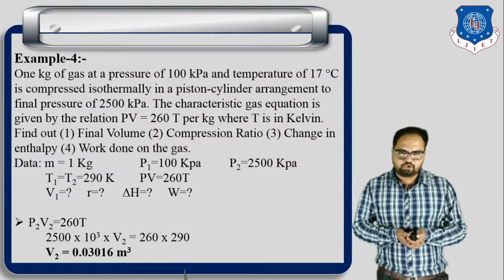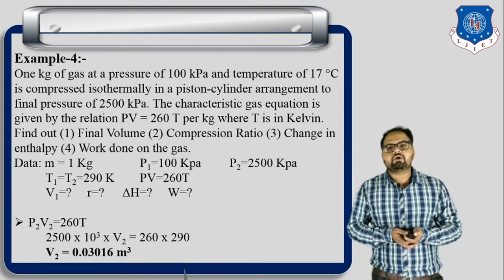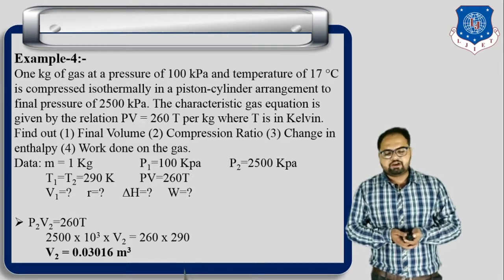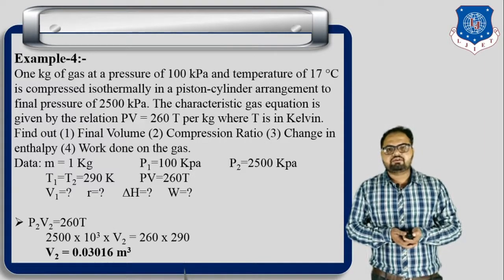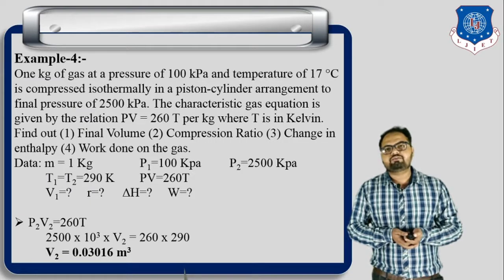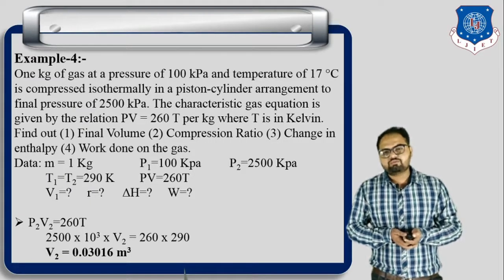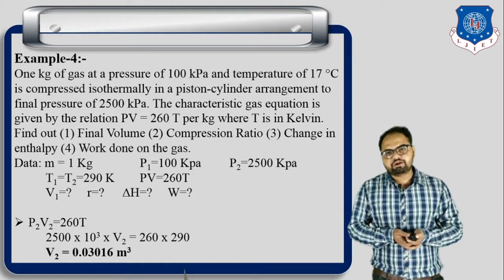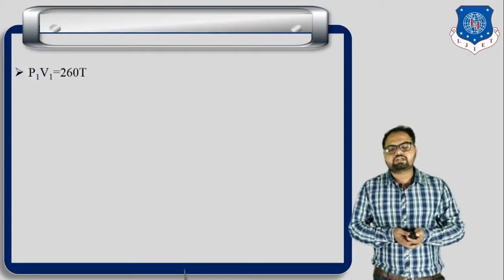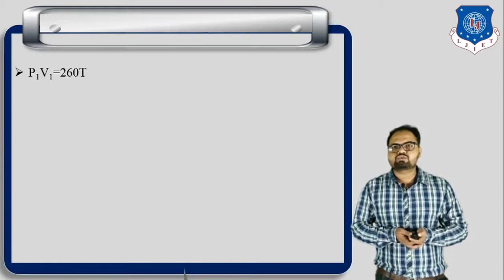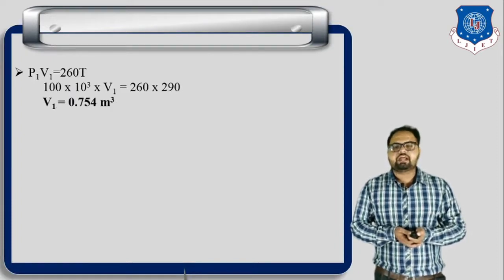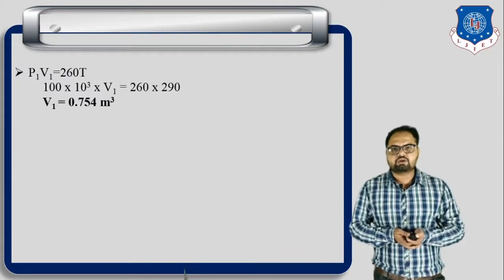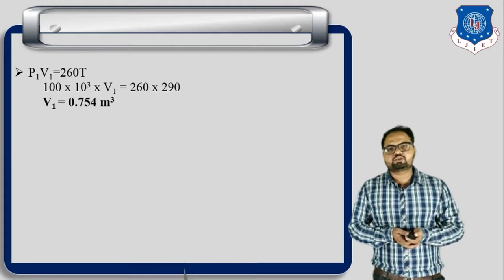0.03016 meter cube. Now we need to find out the value of r, and we know that r is the compression ratio, that is V1 by V2. So we need to find out the value of V1. For finding V1 we use the equation P1 V1 is equal to 260 T, with pressure P1 that is 100 into 10 raised to 3, 260, and the temperature 290.